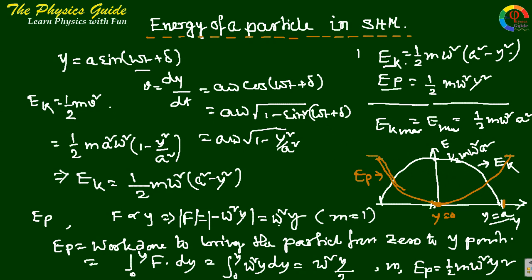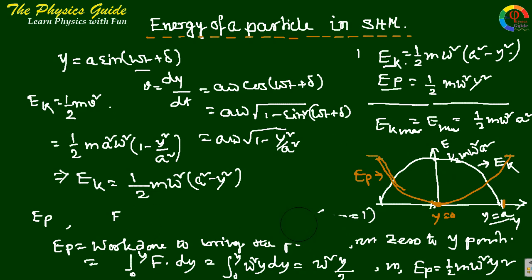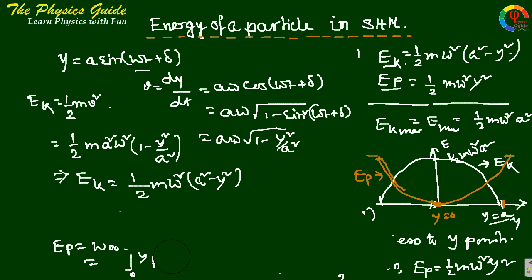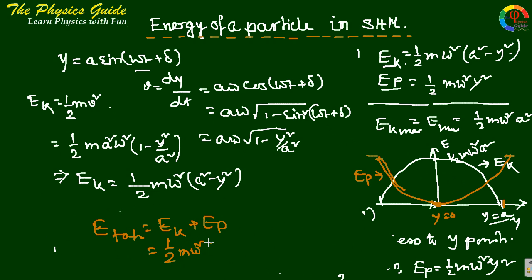The total energy E total equals Ek plus Ep, equals half m omega squared (a squared minus y squared) plus half m omega squared y squared, equals half m omega squared a squared, which is constant with respect to time and y.